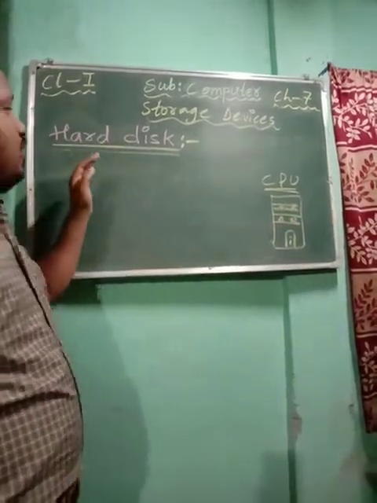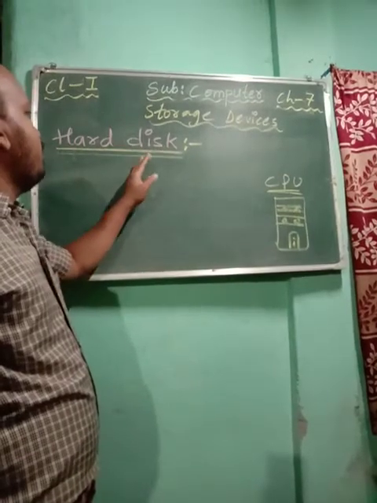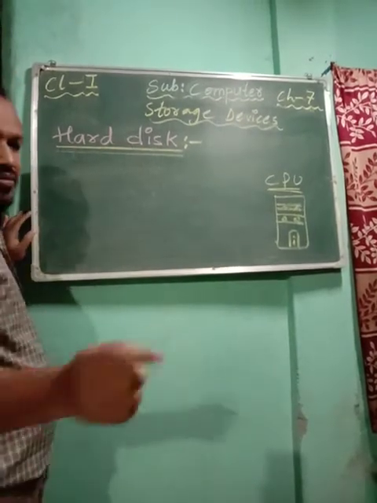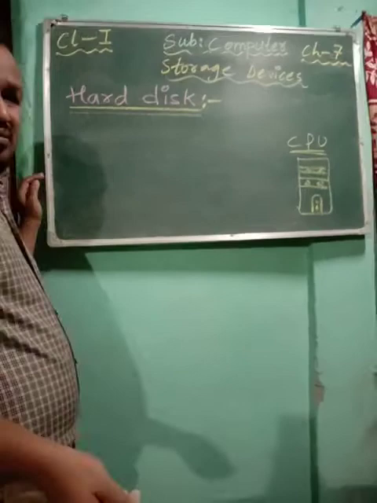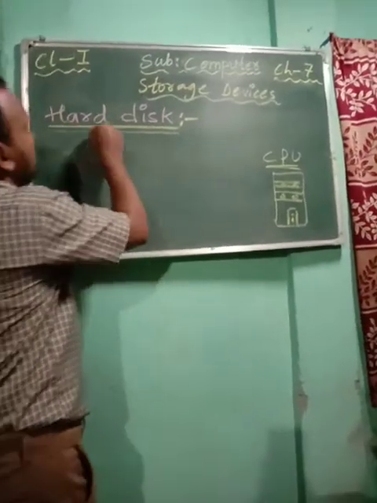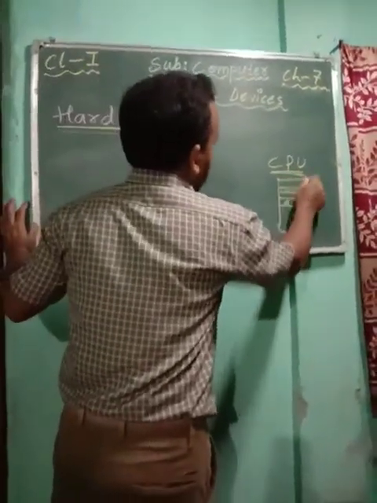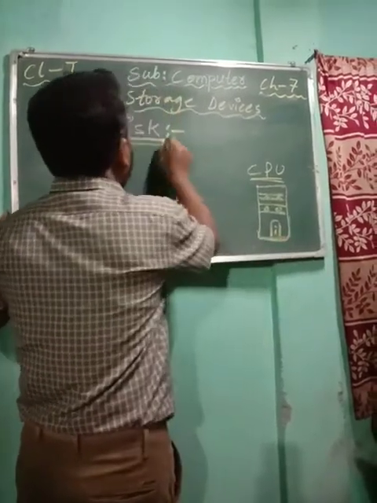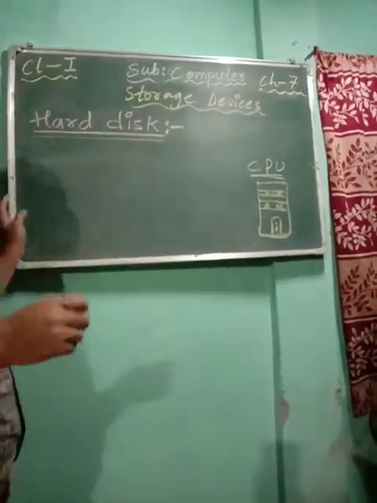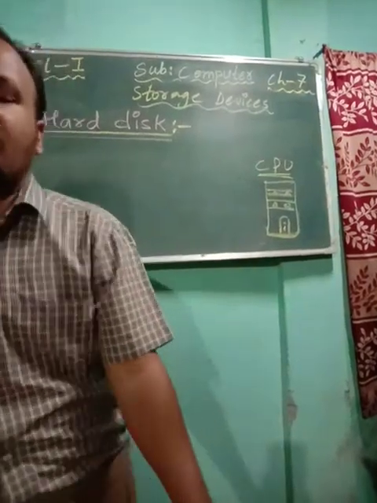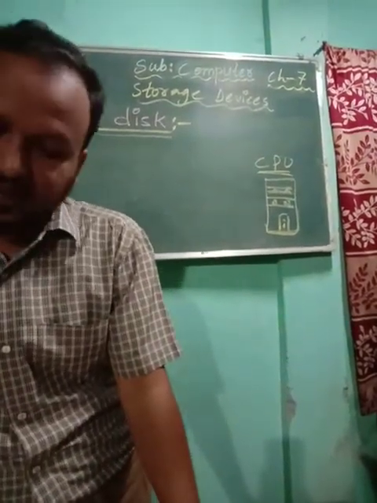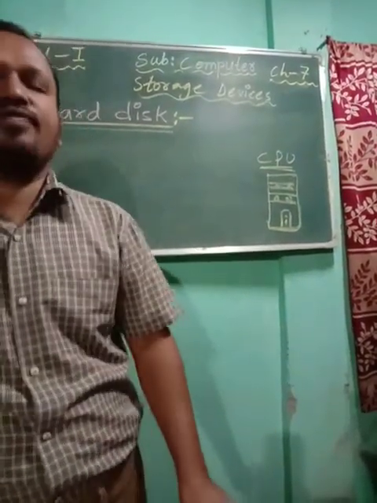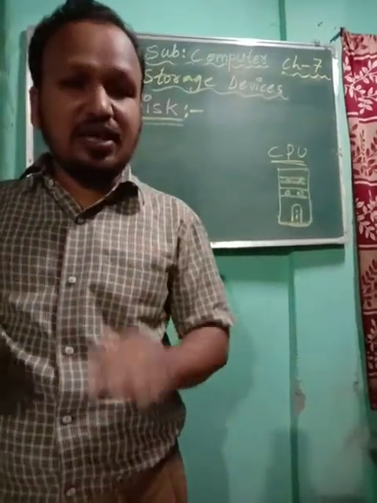It is inside the CPU. So in this hard disk everything can be recorded. A large amount of data can be recorded in the hard disk. And the hard disk is fixed, situated inside the CPU.